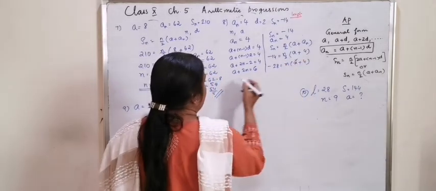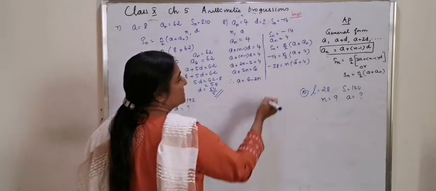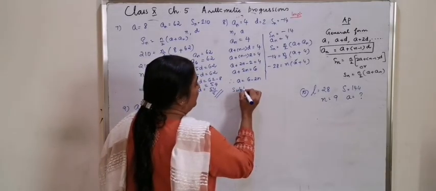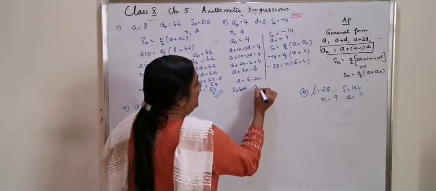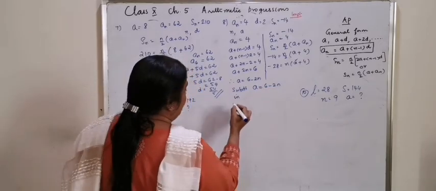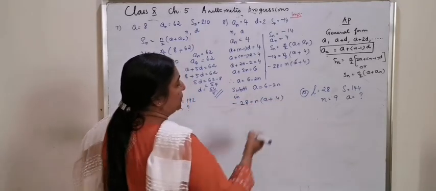What you can do is, from here a value is 6 minus 2n. So substituting a is equal to 6 minus 2n in minus 28 is equal to n into a plus 4.